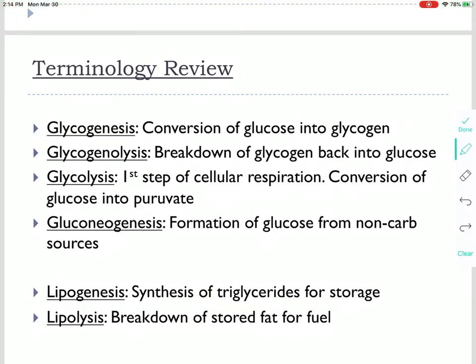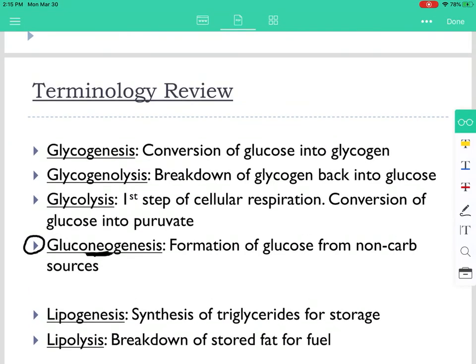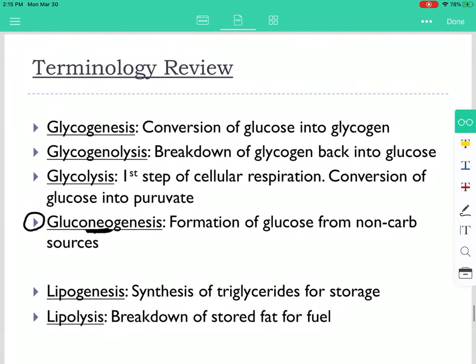I do want to make a point because I have not talked about it yet. We did talk about glycogenesis, glycogenolysis. Make sure that you also review gluconeogenesis. And that's how I remember this, gluconeogenesis. Formation of glucose from non-carbohydrate sources.